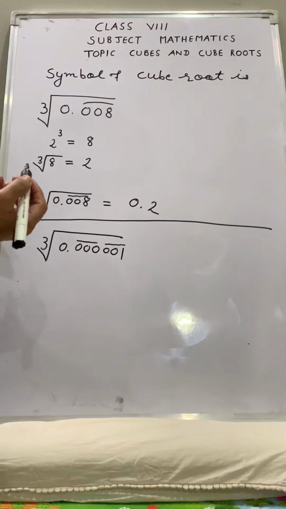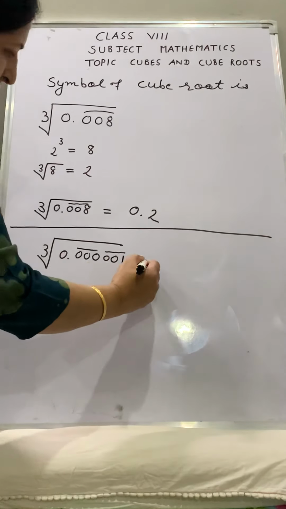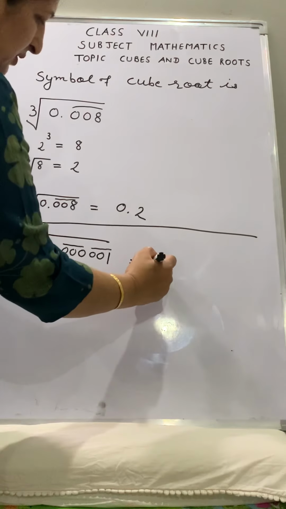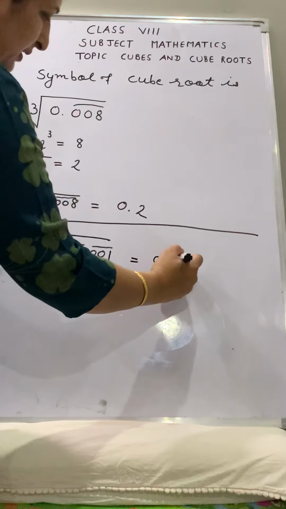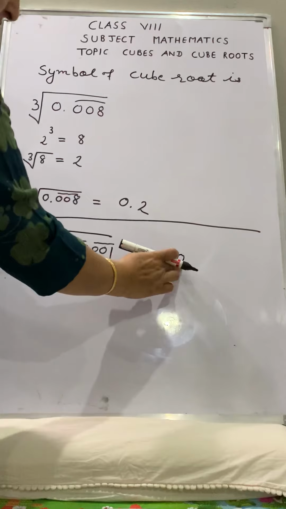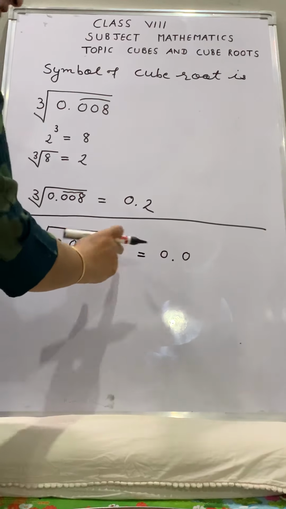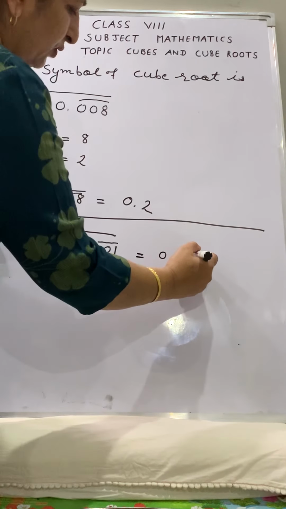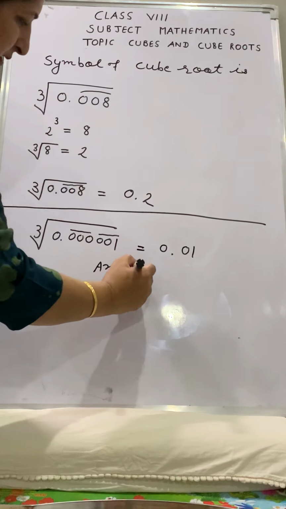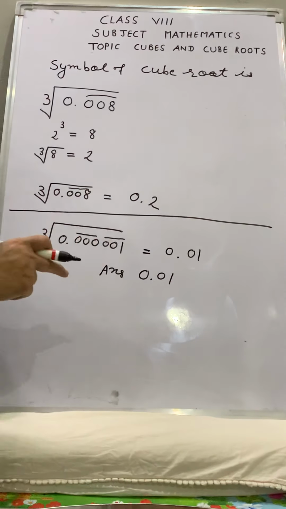There will be 2 digits after the decimal in the answer. The last period is 0 0 1. The cube root of 1 is 1, because 1 cube is 1. So the answer is 0.01.